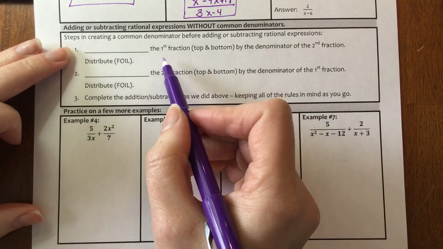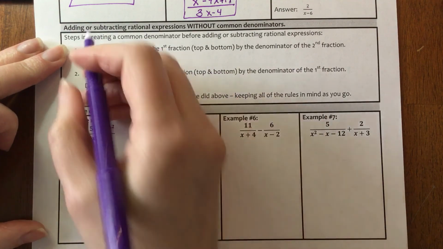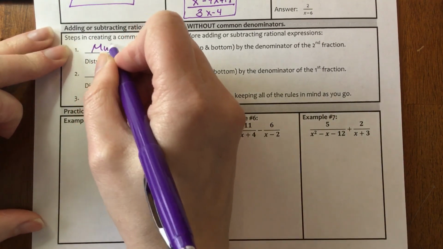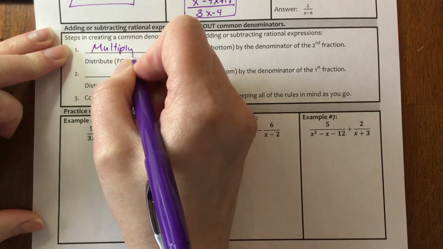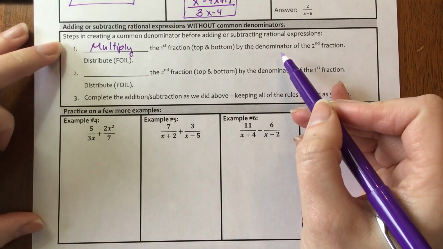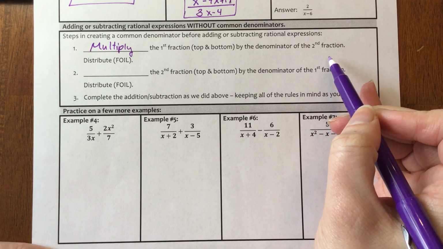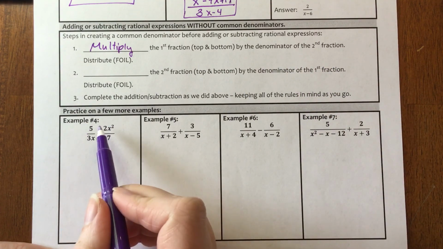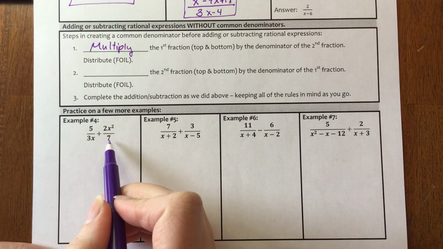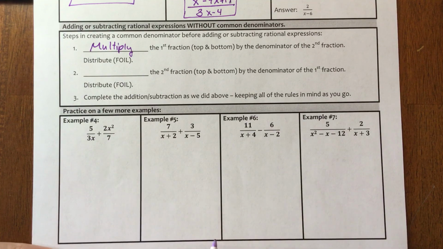So we're going to take the first fraction and we're going to multiply the top and the bottom of that first fraction times the denominator of the second fraction. For example, in number 4, we're going to take this 7 that's down here and multiply it on top and bottom of that first fraction.